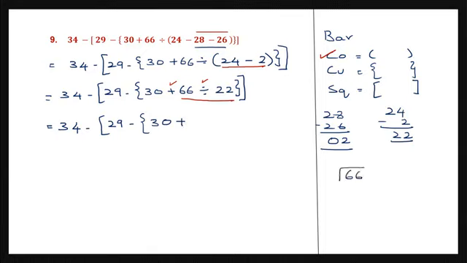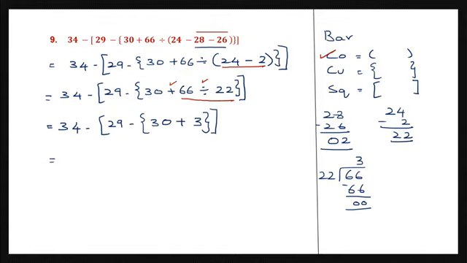So 66 divided by 22, 22 threes, 3 twos are 6, 3 twos are 6. So we've got 22 into 3 is 66. So our answer here is 3. So 30 plus 3. Now close the curly bracket and the square bracket.